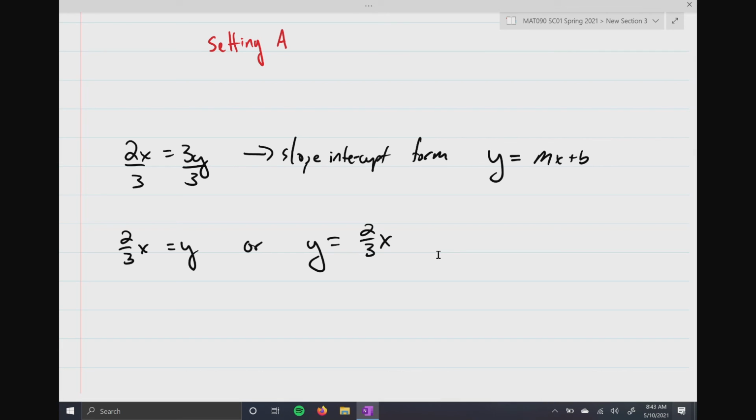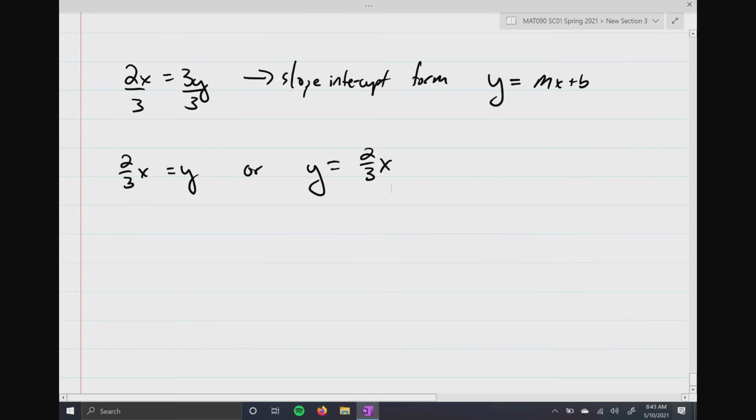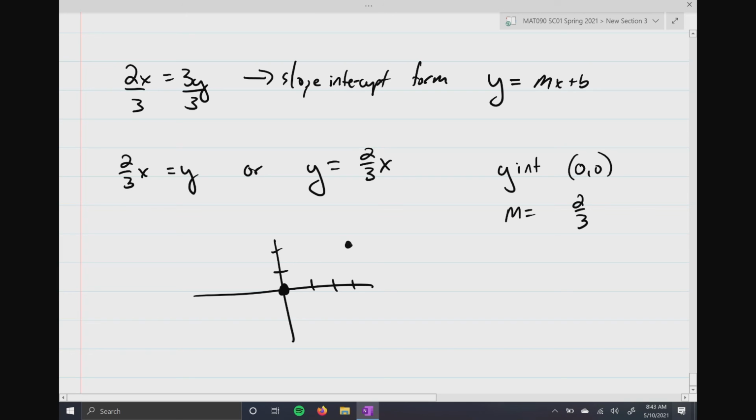And I just wrote it as y equals 2/3 x. From here, my y-intercept is 0, 0. My slope is 2 over 3. And remember, you plot the y-intercept first. And then you use your slope to determine the next point. So that's what your line looks like.